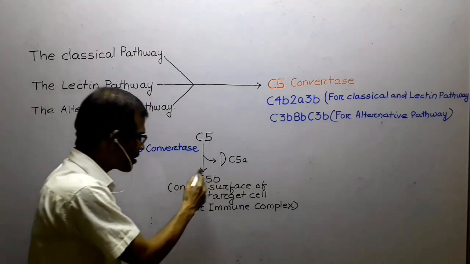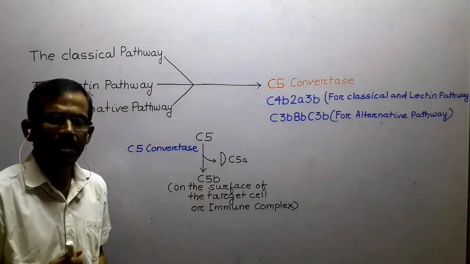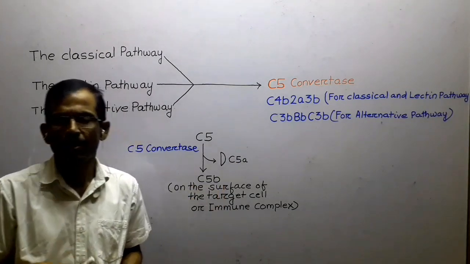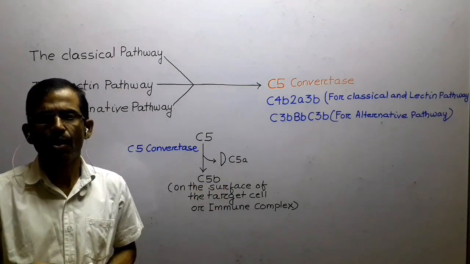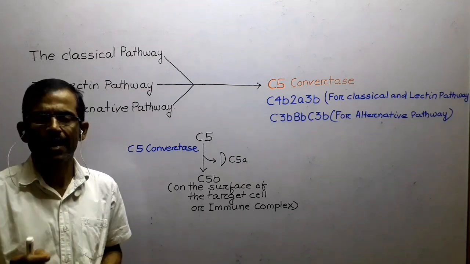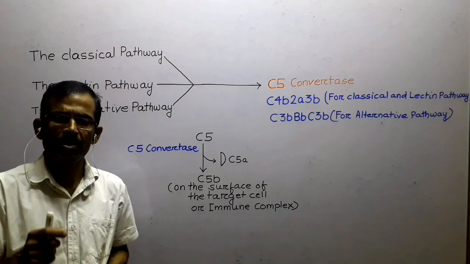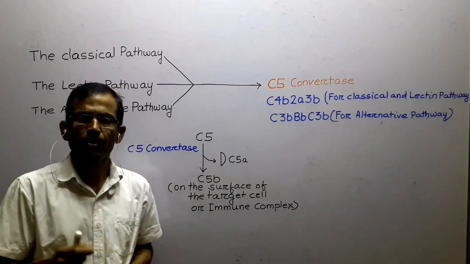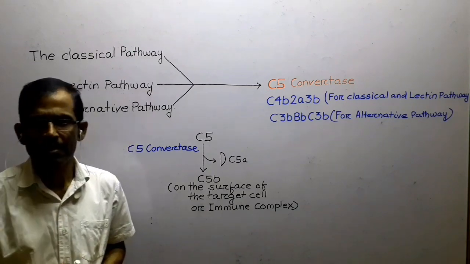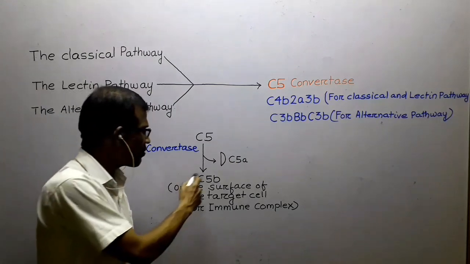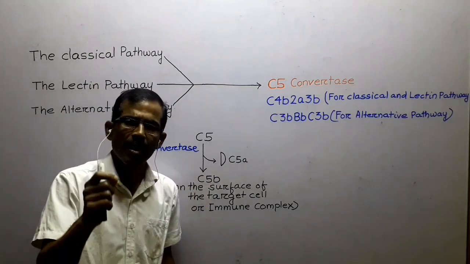The component C5b is generated on the surface of the target cell or on the immune complex and provides a binding site for the subsequent component of the membrane attack complex. The component C5b is extremely labile.